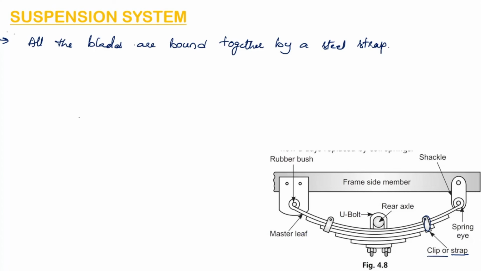So this leaf spring is supported on the axle by means of a U-bolt. Here you can see there is a rear axle. On the rear axle, with the help of a U-bolt, which is in the shape of U, this spring is supported.